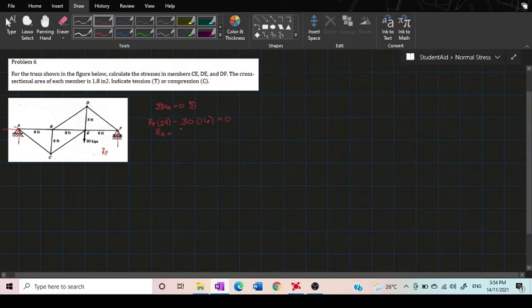RF is equal to 20 kips. Now we got the reaction at F.